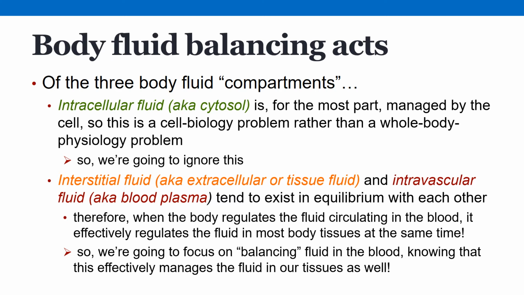What's the upshot there? For the rest of this presentation, we're going to be talking about regulating what's in your blood, with the assumption that your blood will in turn regulate what's in all of your other tissues.